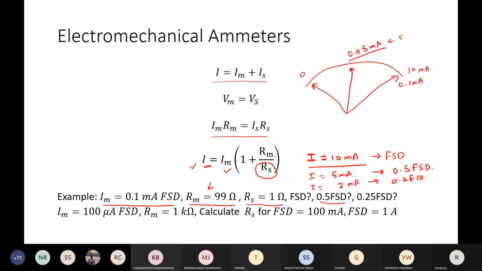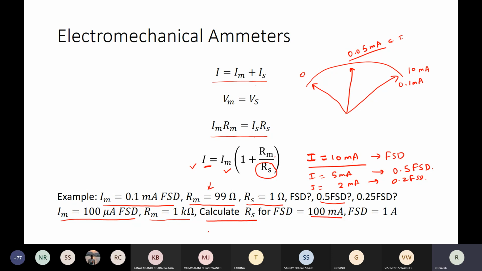For example, you are given a meter current of 100 microampere full scale deflection, and meter resistance is 1 kilo ohm. You are asked to calculate what is the value of Rs that needs to be connected in parallel if you want to extend the range to 100 milliampere.